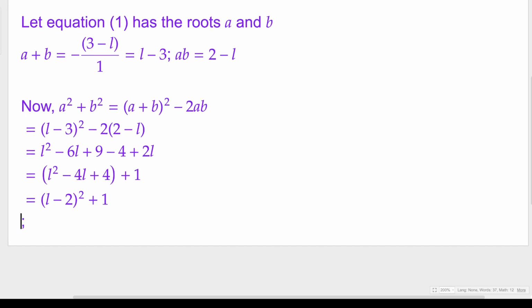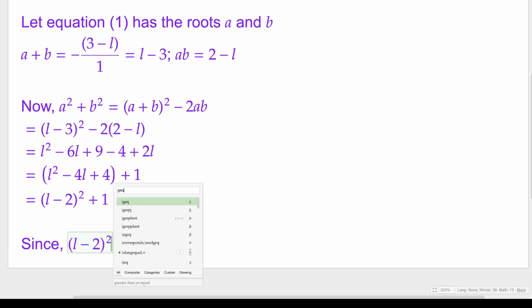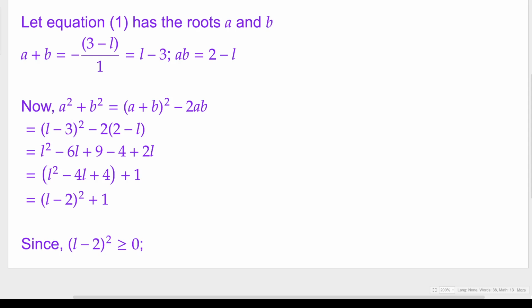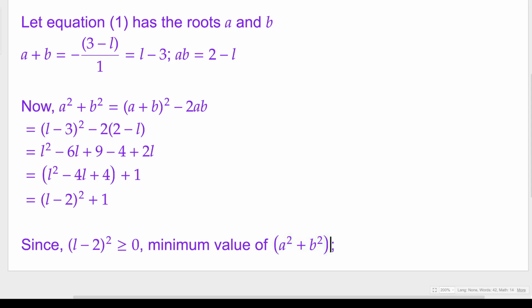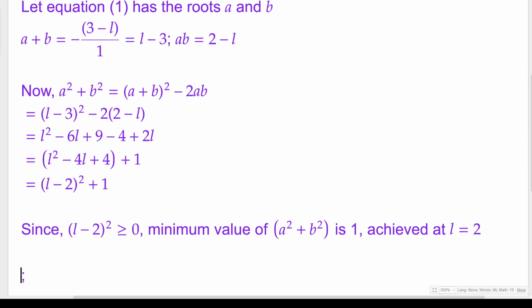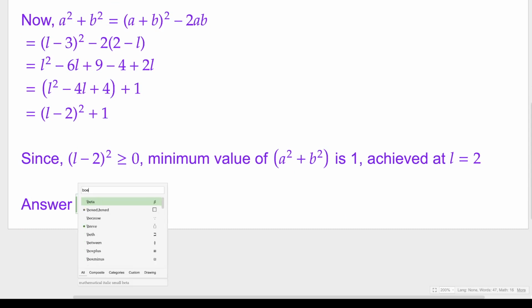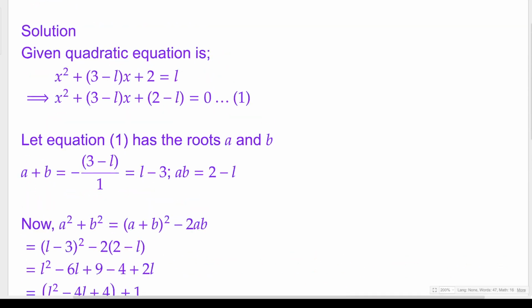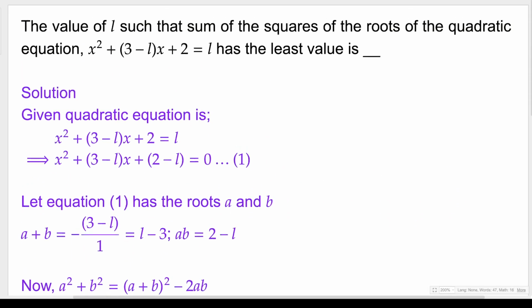Now if you observe this expression, since (L − 2)² has to be greater than or equal to 0 for real values of L, the minimum value of this expression, a² + b², the sum of squares of the roots, is 1, and this is achieved when the value of L is equal to 2. Hence the answer to this particular problem statement is 2.